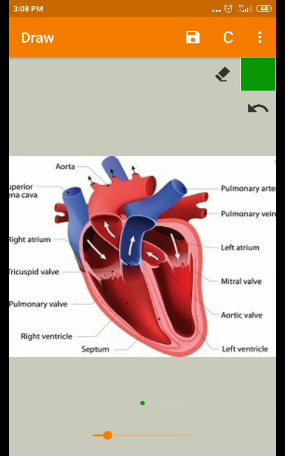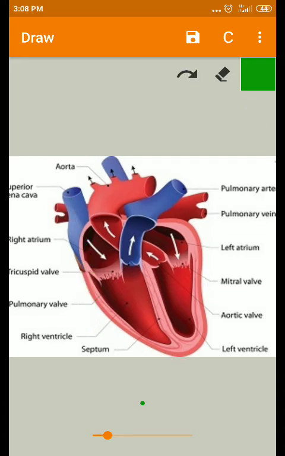Now the right atrium receives deoxygenated blood from the whole body through the superior vena cava as well as the inferior vena cava and the coronary sinus.